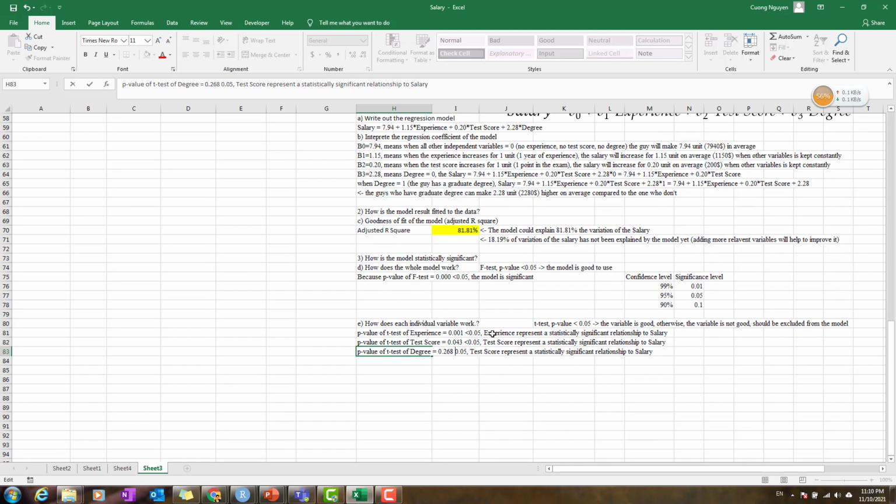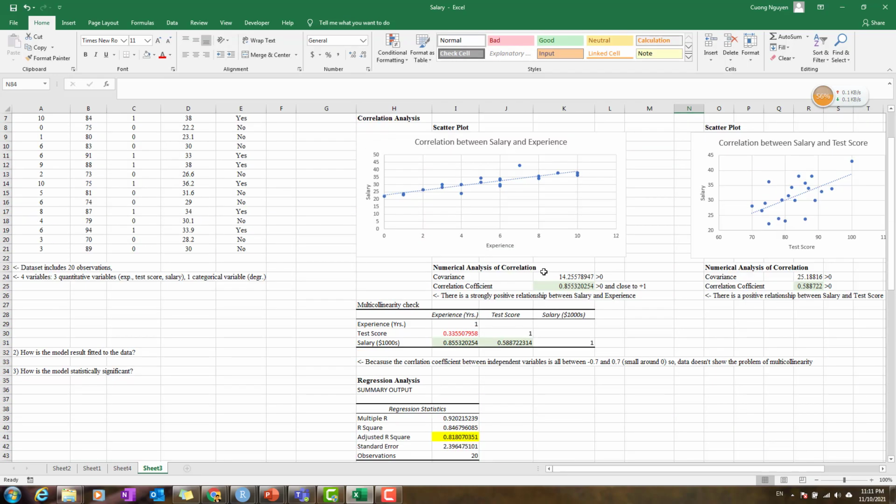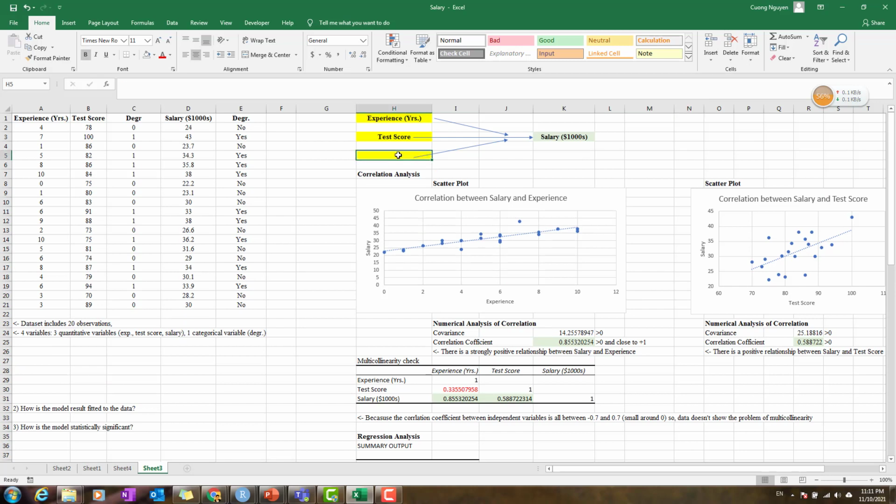That's larger than 0.1. So the decrease has a statistically insignificant relationship to salary, and that means this one should be eliminated from the model. When I check it, I see the decrease should not be here. Just experience and test score have a significant relationship to salary.